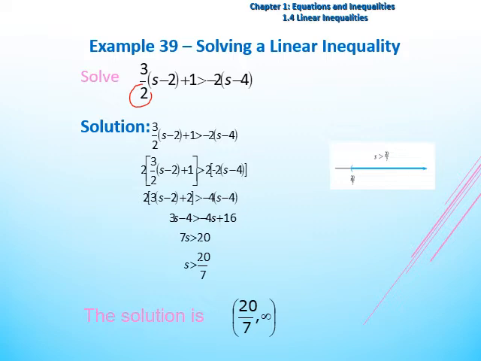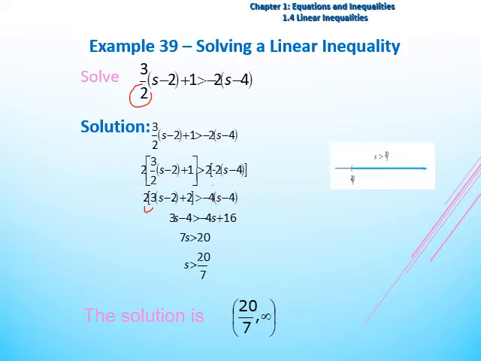Then we will distribute inside the brackets. So we get 3s minus 6 plus 2, which equals 3s minus 4, greater than negative 4s plus 16 by distributing inside the brackets.